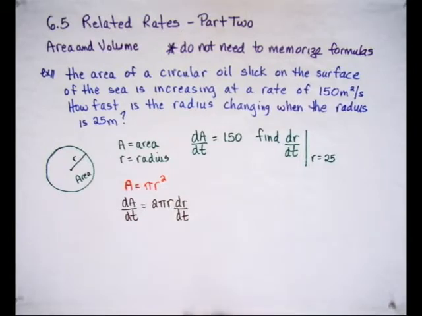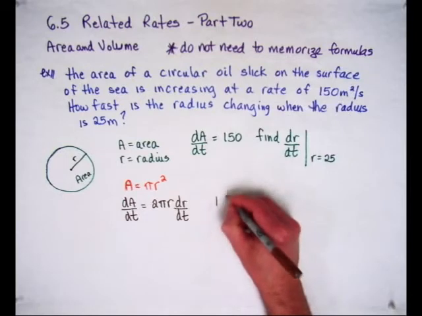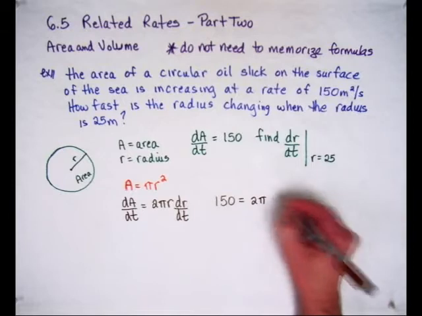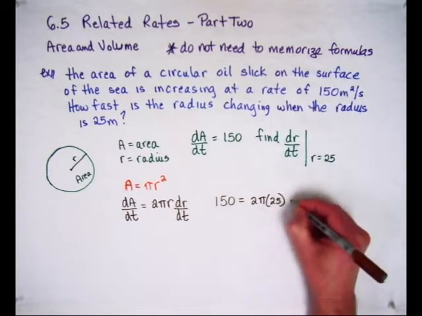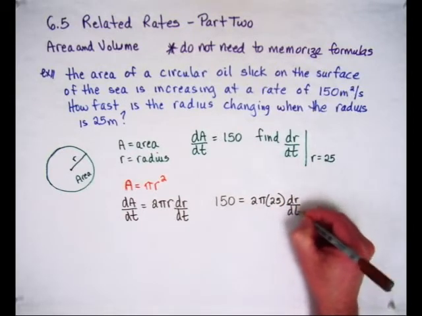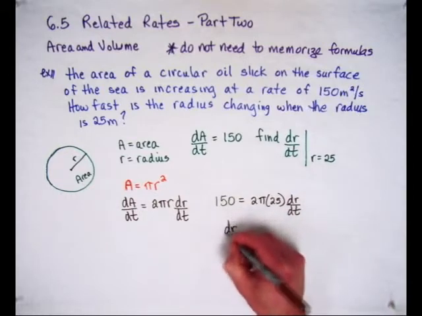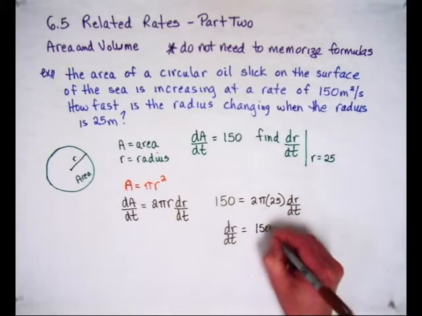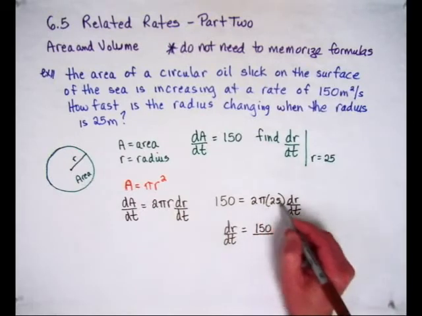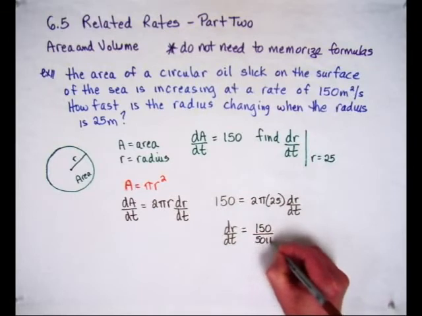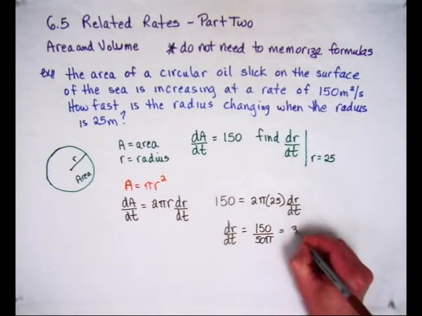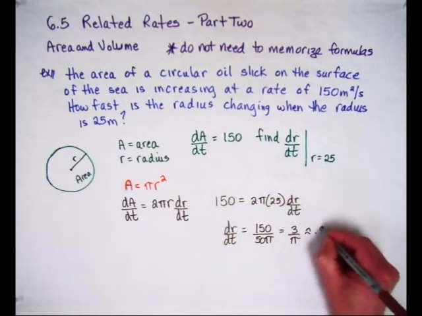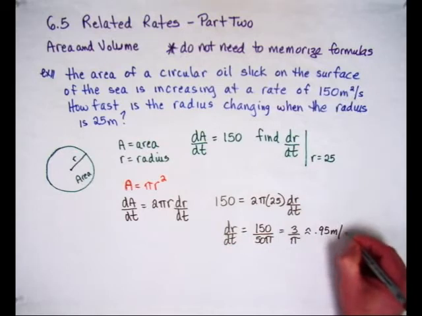So the rest of it's just number plugging. We know that dA/dt is 150. 2 pi times r, which we were given as 25, dr/dt. Solving for dr/dt, we just divide 150 by 2 times pi times 25, or 50 pi, and our answer would be 3 over pi, which is approximately 0.95 meters per second.